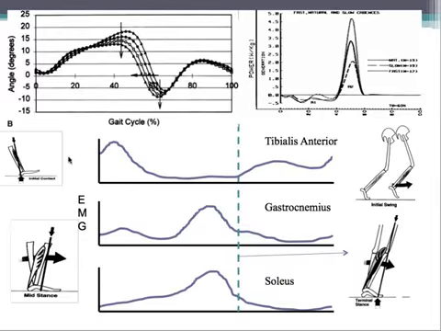And so we can see we have plotted three key agonists at the ankle: the tibialis anterior, gastrocnemius, and soleus muscles. And we can see that at initial contact, with this same kind of moment data, which is indicating that there's an external plantar flexion moment, we need the anterior tibialis muscle to control that. We can see that it's there for us in terms of the EMG data.